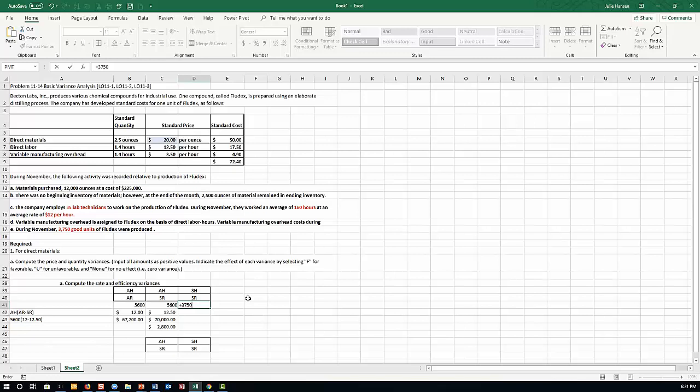Since I'm computing the labor rate variance, now I'm going to come back up to my standard and say for every unit that I made, the standard quantity was 1.4 hours. So now I'm going to do a multiplication here, times 1.4, and that was the standard hours that I should have worked given that I produced 3,750 goods.